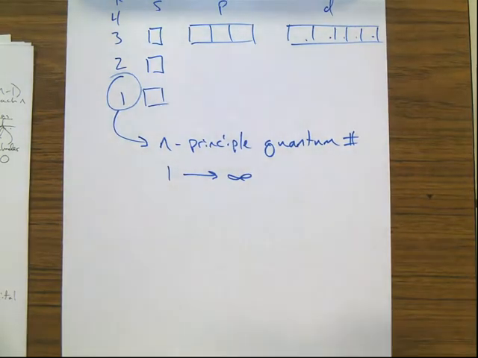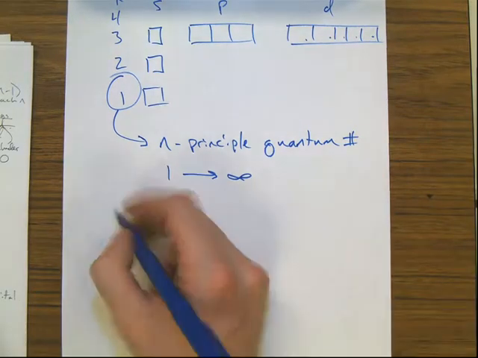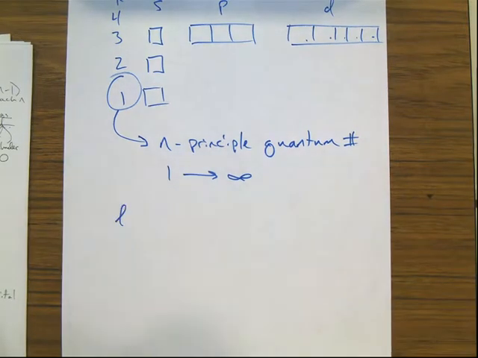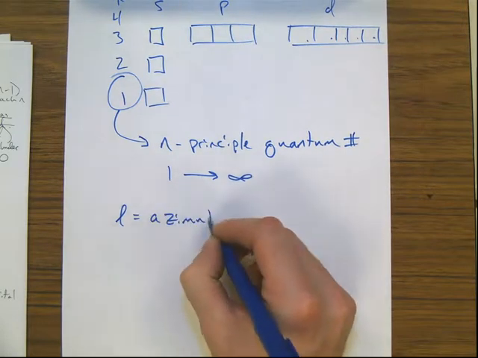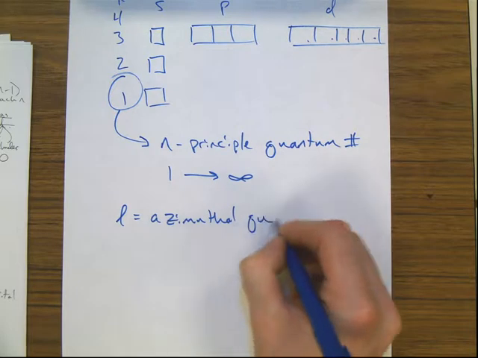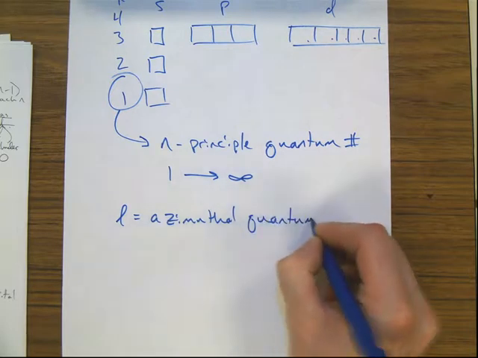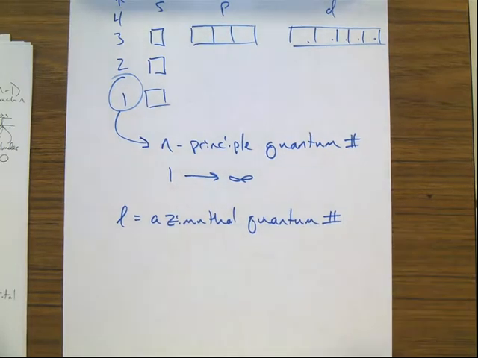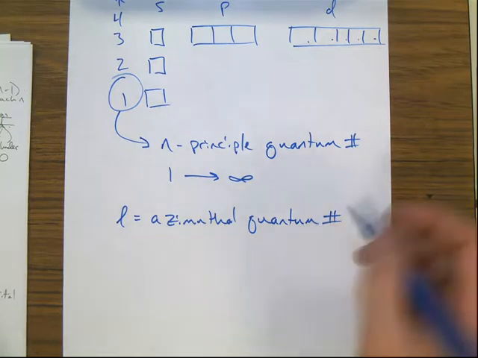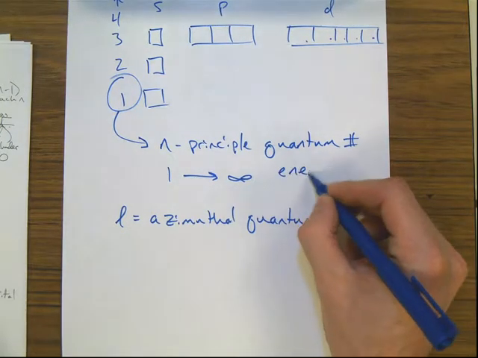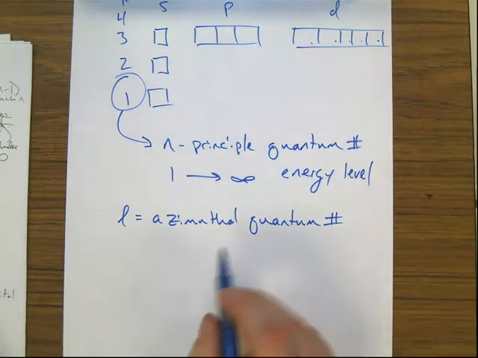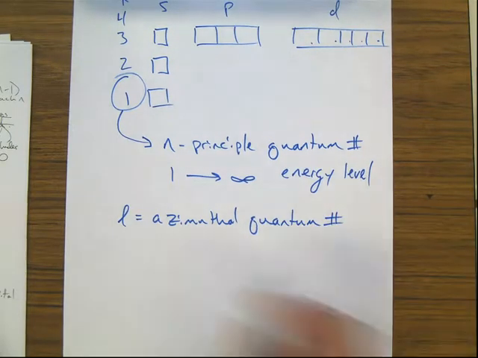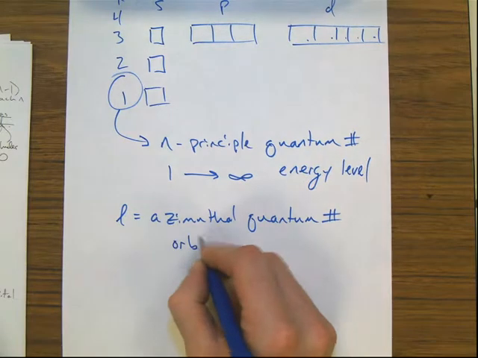Now there's another quantum number that we need to describe, and that would be L. L represents what's called the azimuthal quantum number. Unlike the principal quantum number, which is focused on the energy level and how far away you are from the center of the atom, the azimuthal quantum number is the orbital shape.